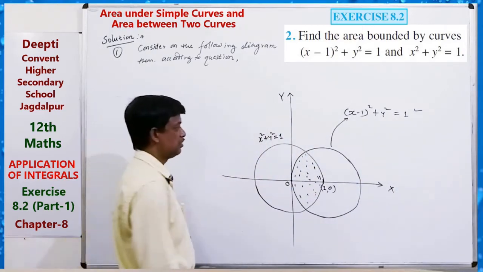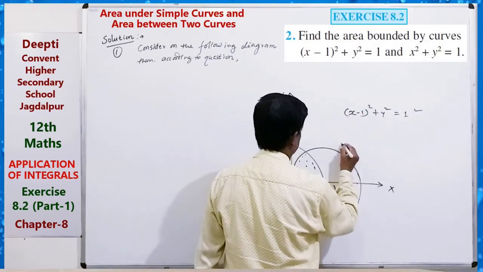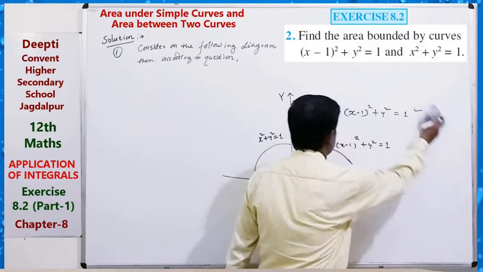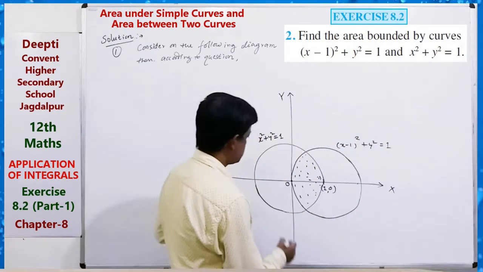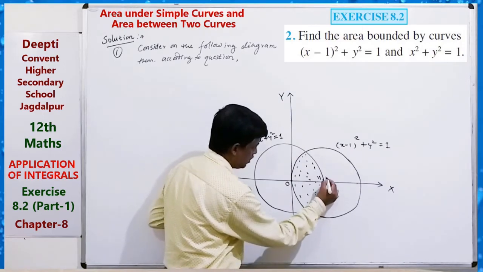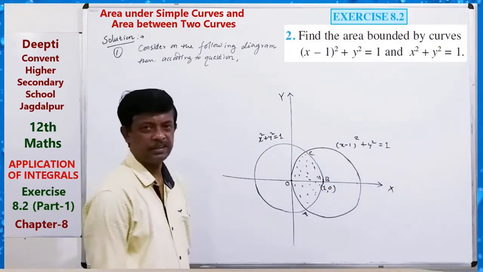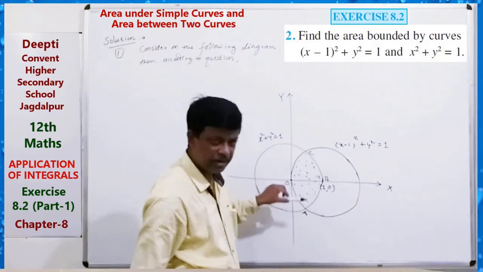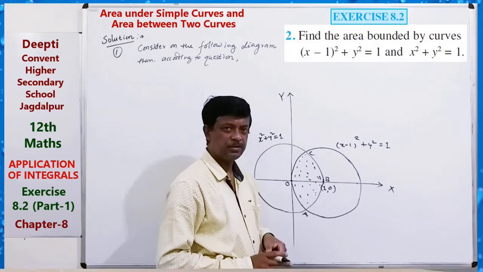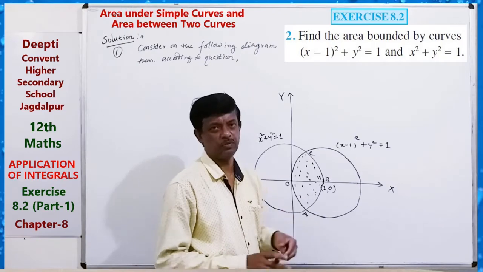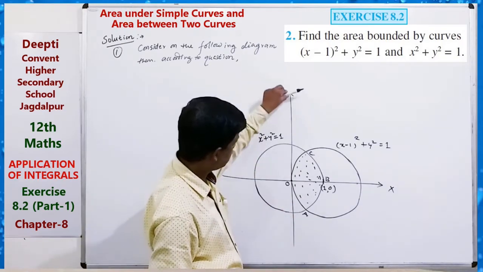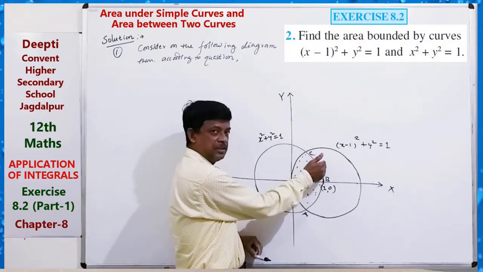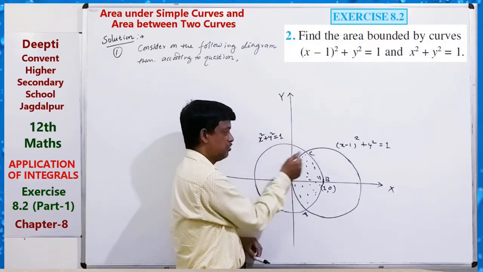Clear? Now solving these two circles, x minus 1 square plus y square equals 1. Now our same O, A, B, C. Here one thing is important: we can find the value of this area by using either the x dy formula or the y dx formula. x dy means taking a horizontal strip, then the value of x from here minus the value of x from here.